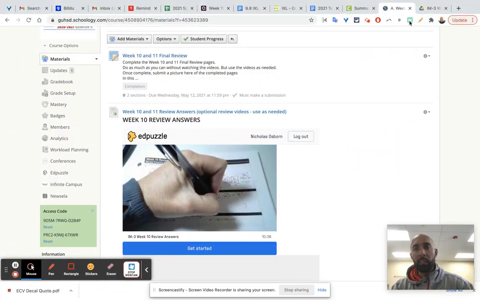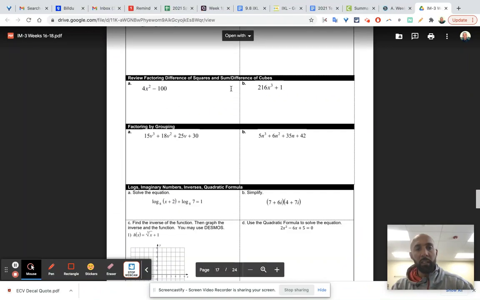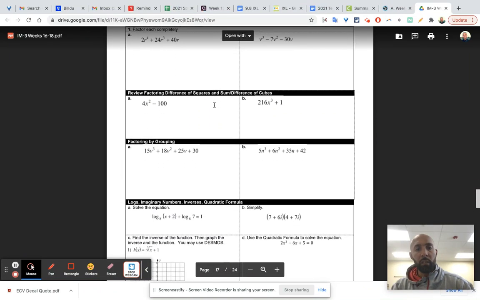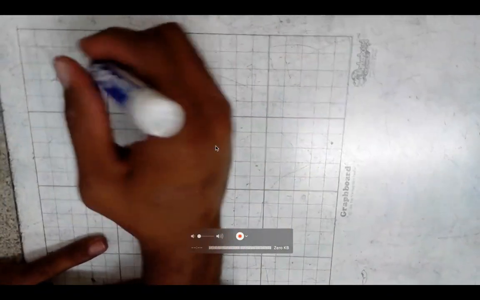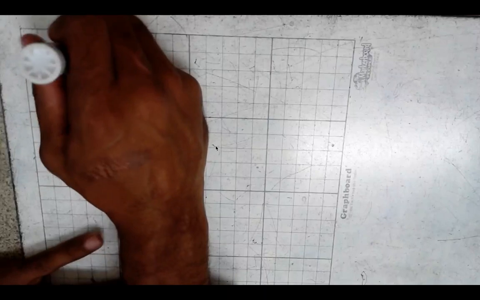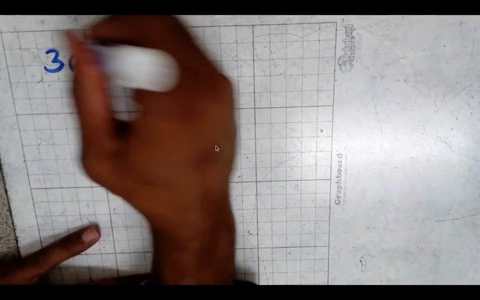So we're going to focus on week 10 first, and you can see this is all about factoring review. We're going to focus on these first few types of problems. The first one is a GCF problem where I have to factor out a GCF.